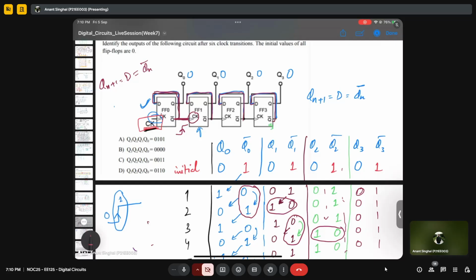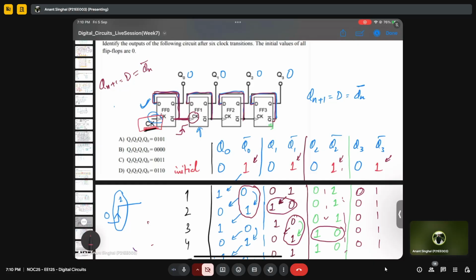D and Q bar are connected, that is fine. In the first state it would be zero. The next state will be one for it, right? Q naught will be one. Next Q naught, that is this, right? This will be the complement.